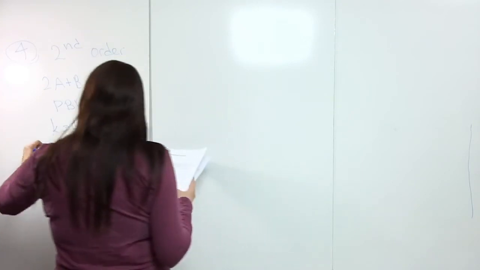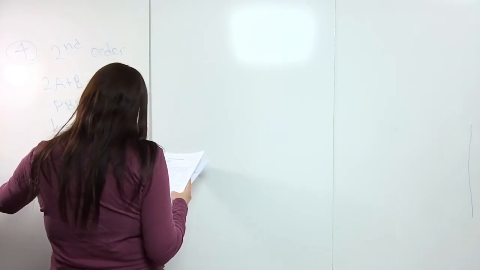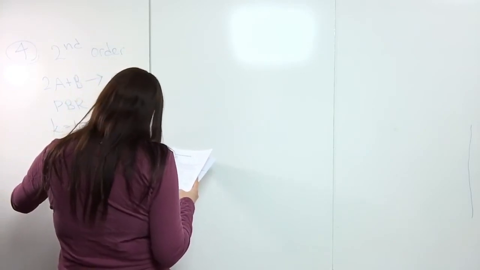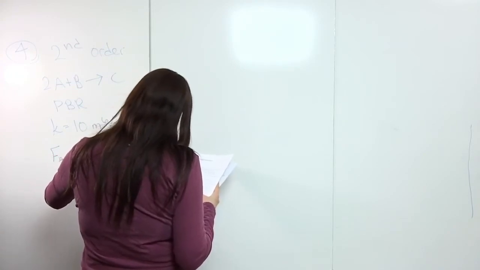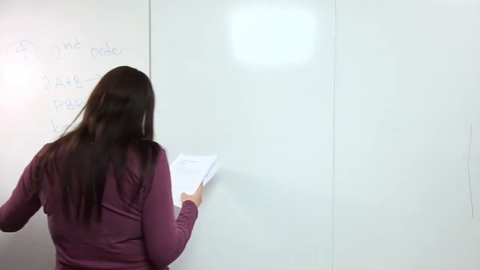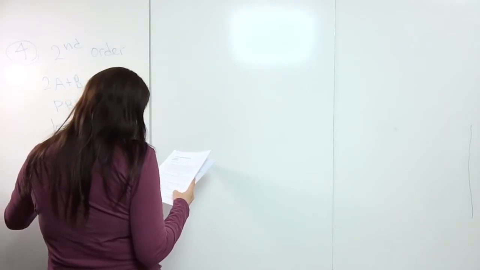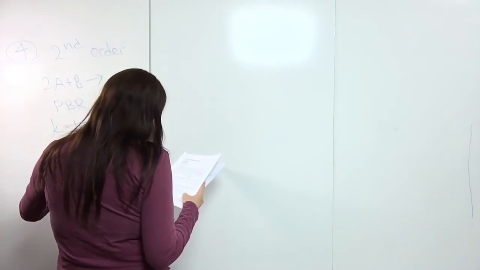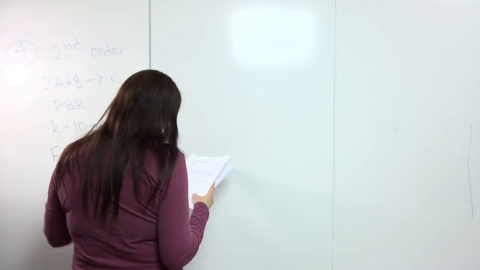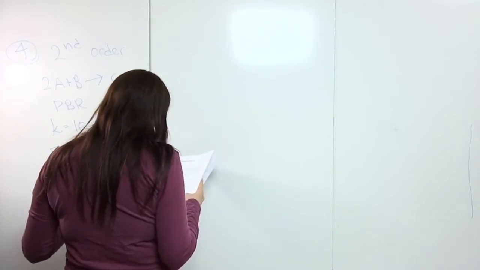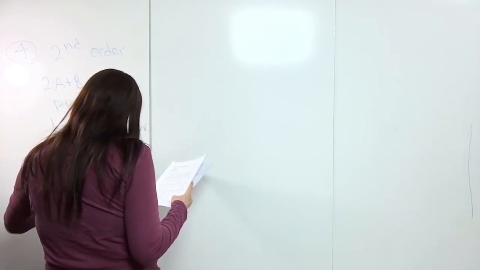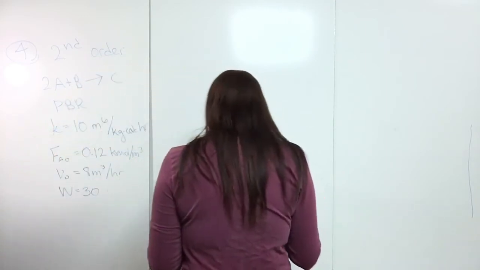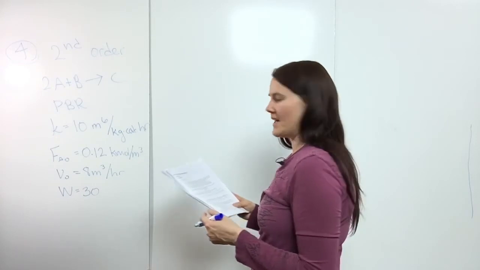The molar flow rate, so FA naught, is equal to 0.12 kilomole per meter cubed. The volumetric flow rate is 8 meters cubed per hour. And the weight of the catalyst is 30 kilograms, so W is 30. And so this problem had 3 parts.